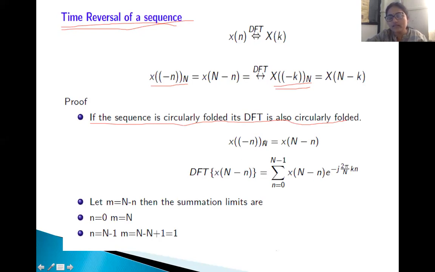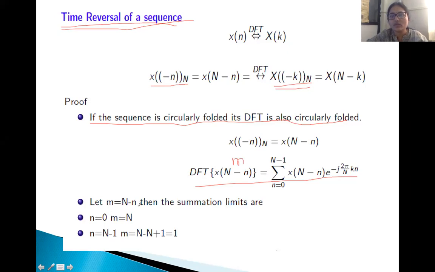So x of minus n modulo N we can represent as x of N minus n. If we apply DFT of this sequence, what I did here is change this index: N minus n is now substituted by m.